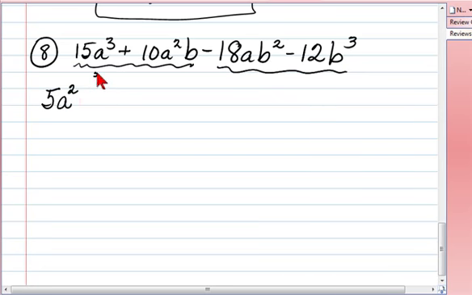So I'm going to divide 5a to the second into each of those. 15a cubed divided by 5a squared, it's going to go in there 3 times with a single a left over. Then 10 divided by 5 is 2. The a squareds divide out, and you have a b. So I have 5a squared times 3a plus 2b.